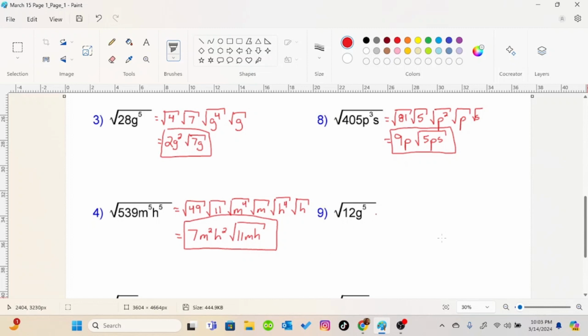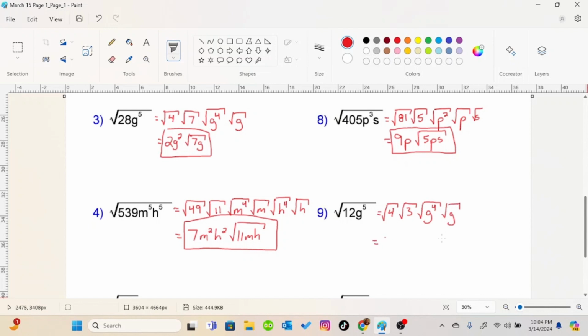Number 9. The square root of 12 is the square root of 4 times the square root of 3. And the square root of g to the fifth is the square root of g to the fourth times the square root of g.